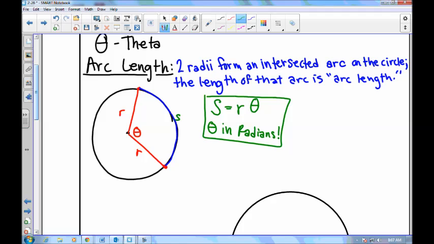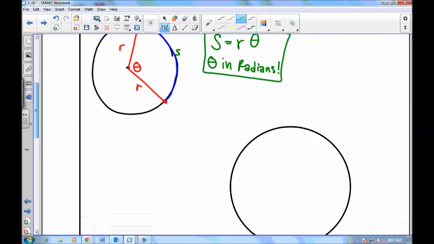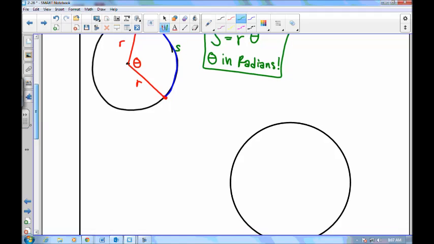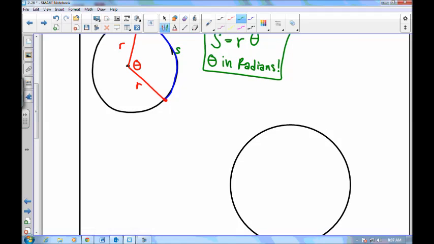Okay? So, for example 1, draw another circle. I cheated and already had one formed with the computer. And we're going to fill in pieces of the circle, and then use that information to find what's requested. So we have 3 inches here.